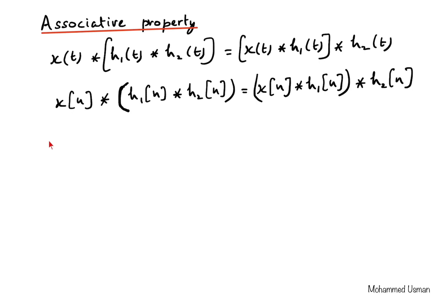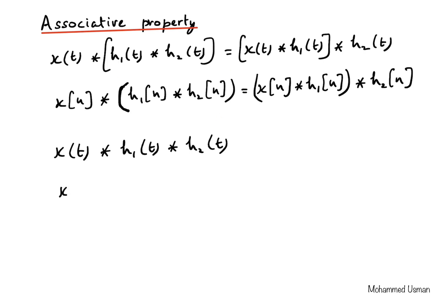So that means we can simply write x of t convolved with h1 of t convolved with h2 of t without any ambiguity, because whether we perform this convolution first or this convolution first, it doesn't matter. In fact, you can perform x of t with h2 of t first and then convolve with h1 of t. The result is going to be the same. So there is no ambiguity in leaving out the bigger brackets here.